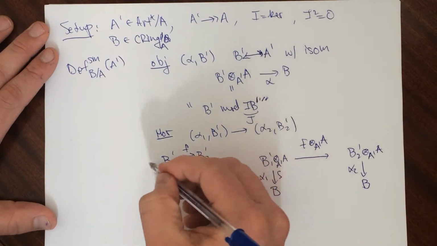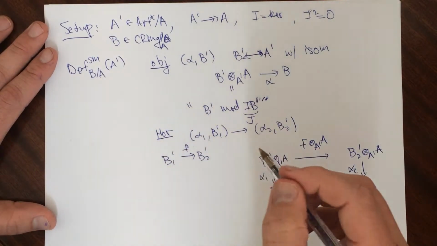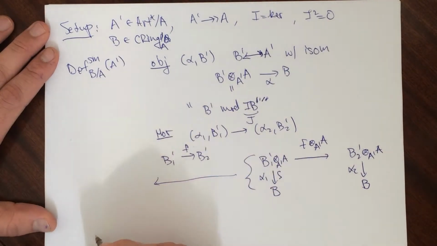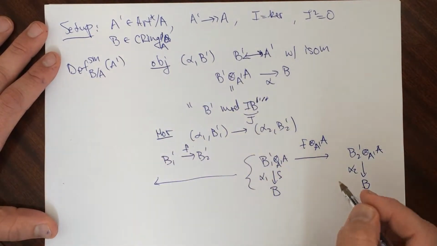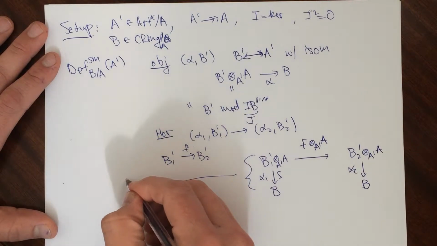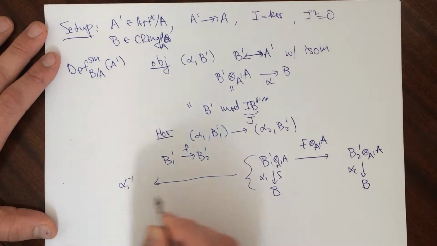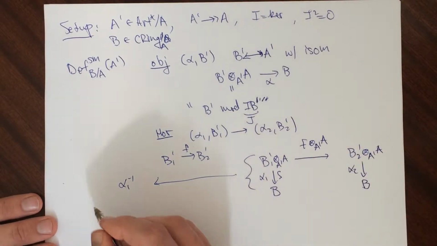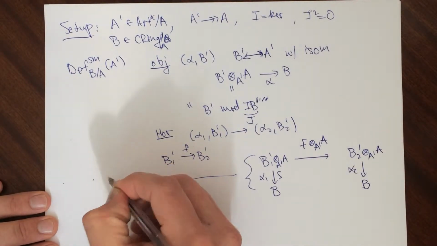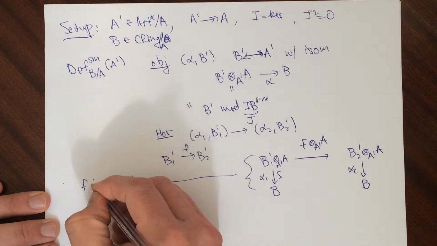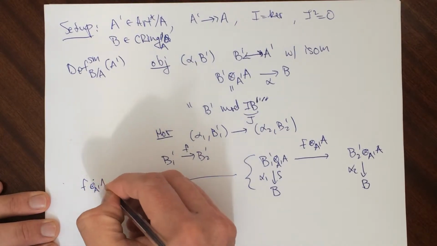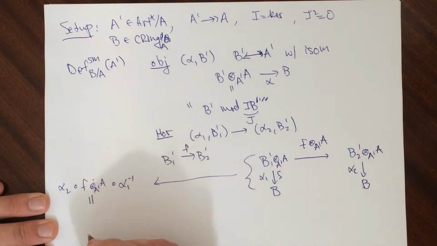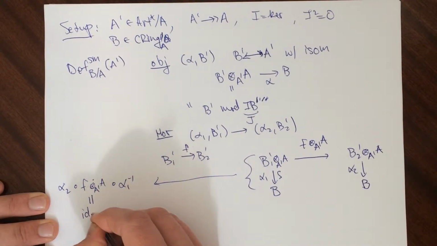And for this to be a morphism of deformations, the requirement is that if I follow this around, so I take alpha 1 inverse, which is an isomorphism, then I'm going to take F tensor A prime over A. And then I'm going to apply alpha 2, so that this thing is going to be equal to the identity of B on the nose.